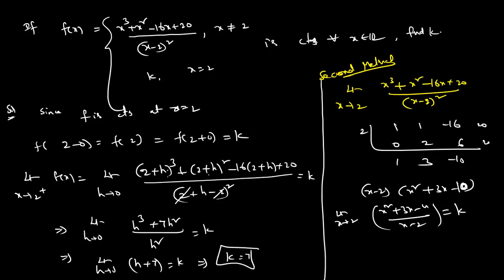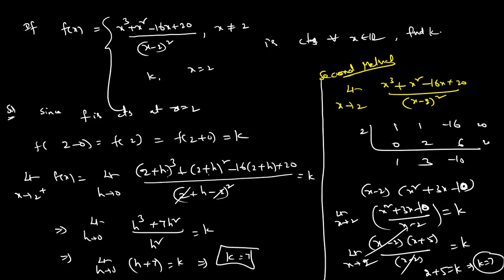Still, how to write this one? x minus 2 into x plus 5 by these are the methods. x minus 2 cancels. Put x equal to 2, 2 plus 5 is equal to k. So k is equal to 7. You can solve by any method; which one is easy, you can follow that one.